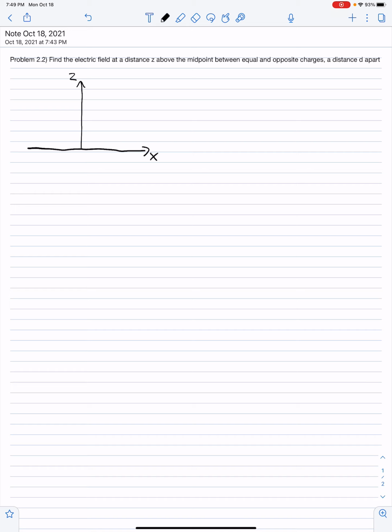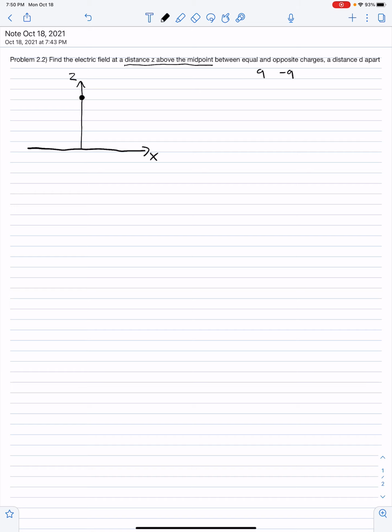The reason I'm doing these is, remember, we have a distance z above the midpoint. So we have some point here, and we also want to look at these equal and opposite charges, basically a q and minus q.